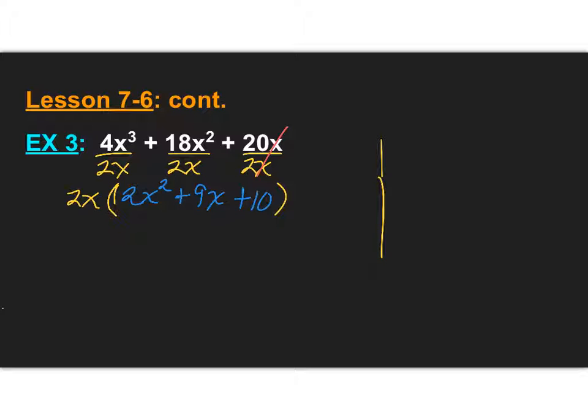So here's my t-chart with a times c and b and our plus minus. And so our a is 2, our c is 10, 2 times 10 is positive 20, b is our middle term, positive 9. So your factors of 20 are 1 and 20.